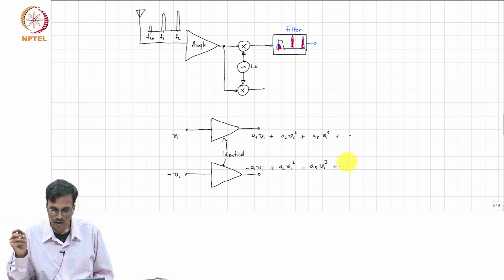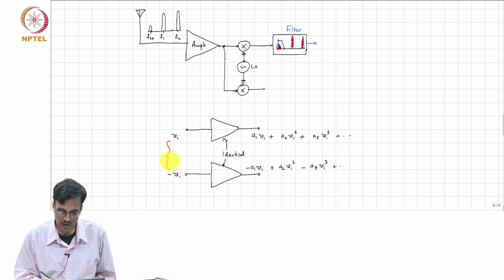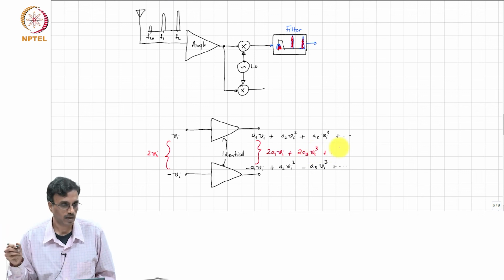If you look at the difference between the two inputs, it is 2 Vi, and the difference between the two outputs is 2 A1 Vi plus 2 A3 Vi cubed and so on.